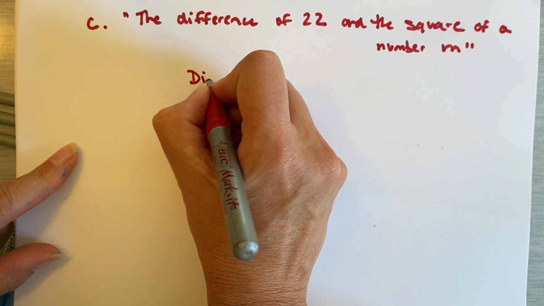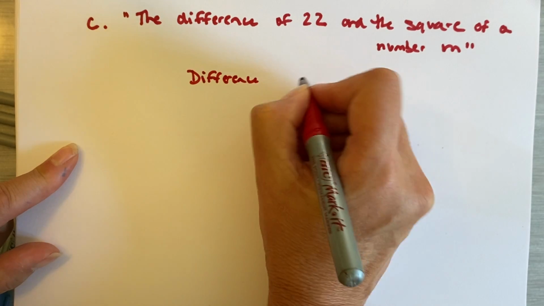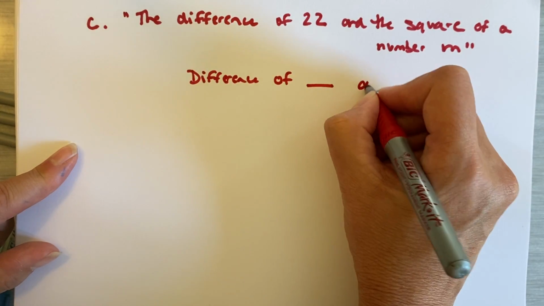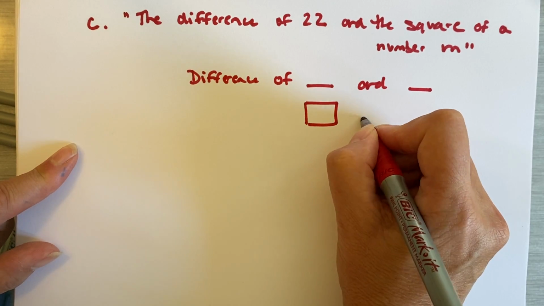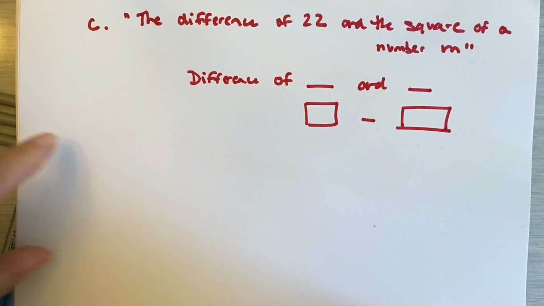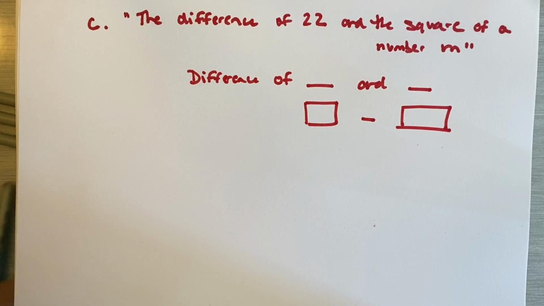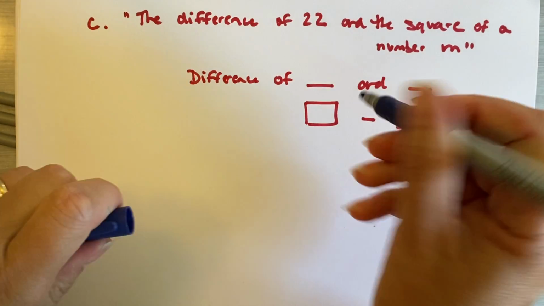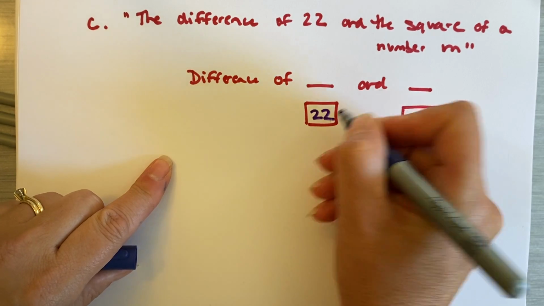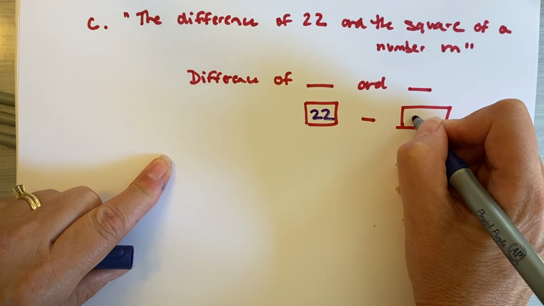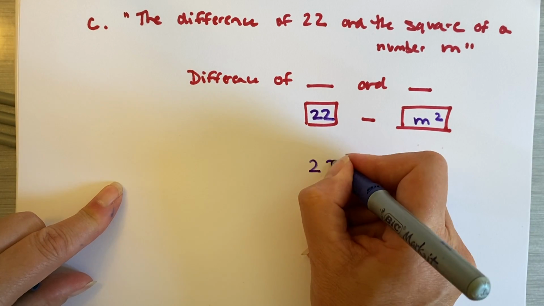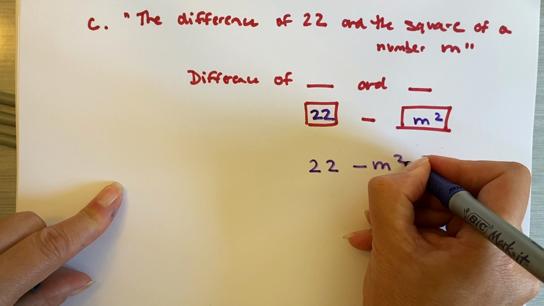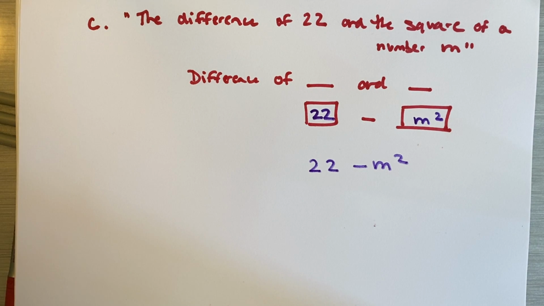When I have difference of something and something, the first number goes first, right? And this goes second. That means 22 goes here, and the square of a number m, m squared. So this is going to be 22 minus m squared. It takes a little doing, but you will get there.